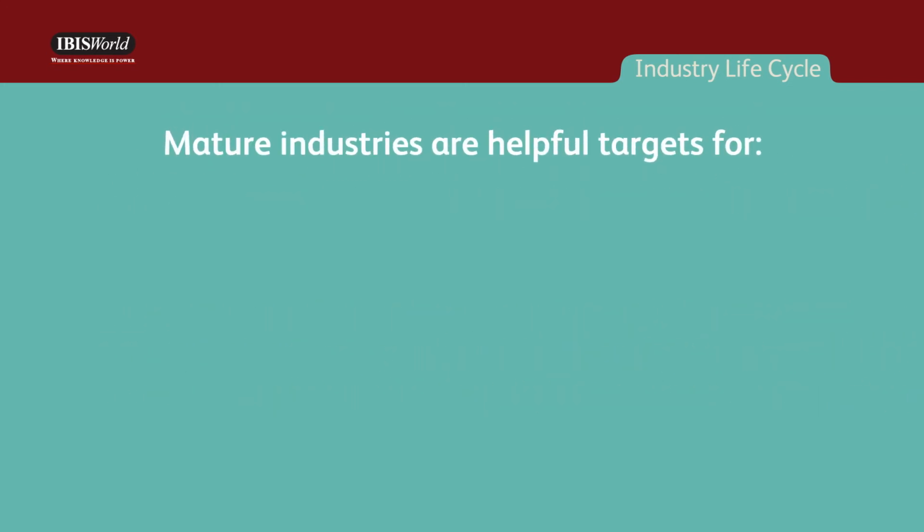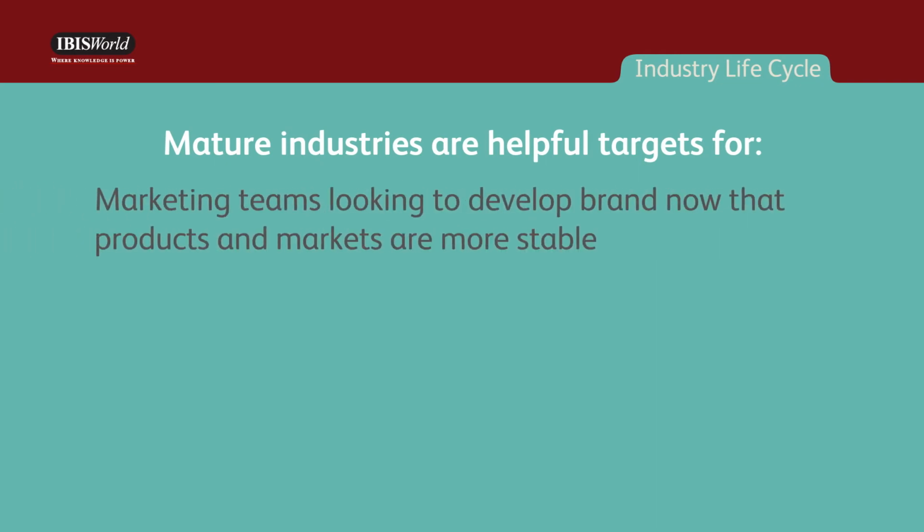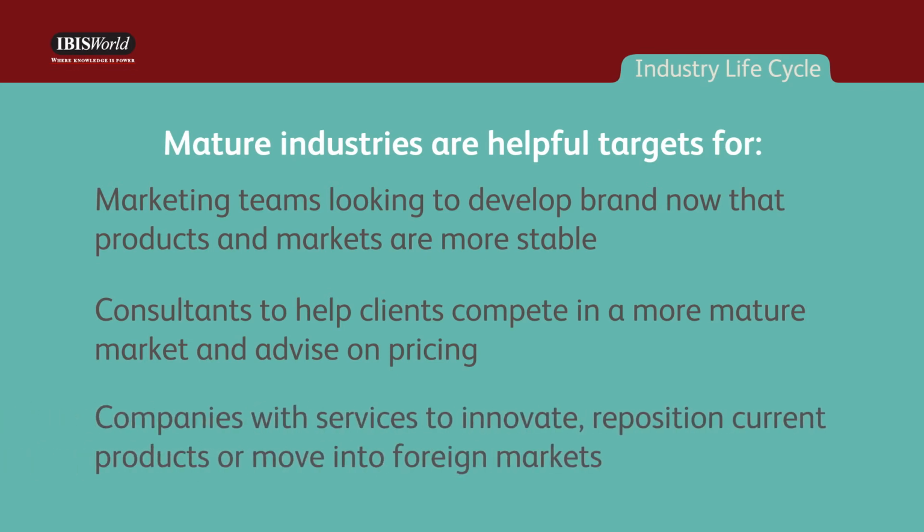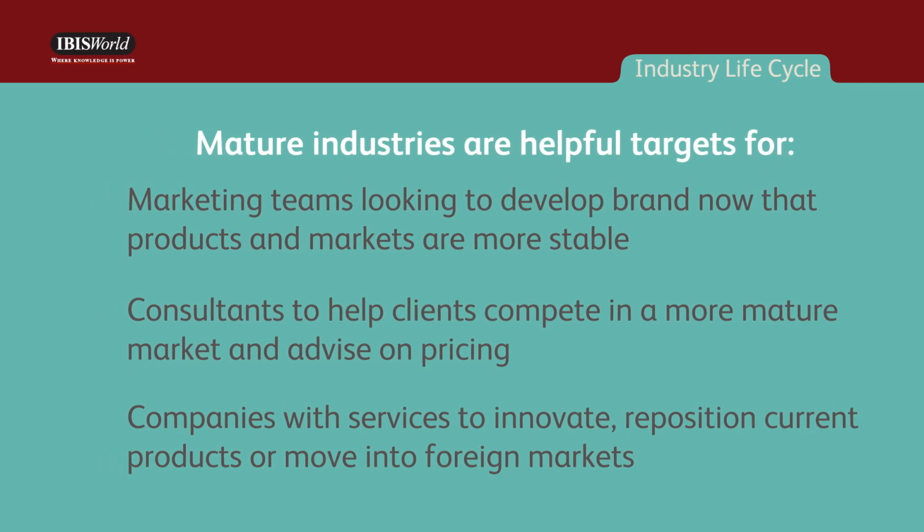Mature industries are helpful targets for marketing teams looking to develop brand now that products and markets are more stable, consultants to help clients compete in a more mature market and advise on pricing, and companies with services to innovate, reposition current products, or move into foreign markets.